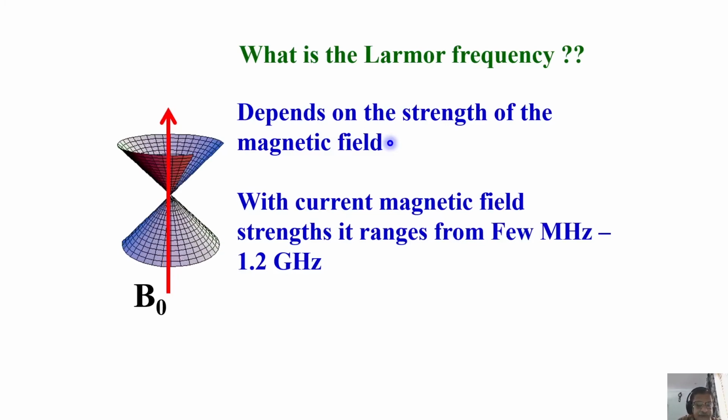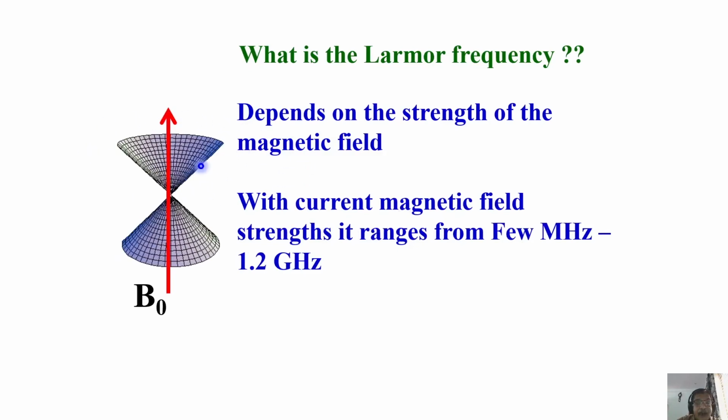In the current day, we have varieties of spectrometers of various frequencies, up to even 1.2 gigahertz, which is going to come to the market soon, or at least 1 gigahertz, which I know. So if I say the spectrometer's frequency is 1 gigahertz or 1.2 gigahertz, that is the precession frequency.